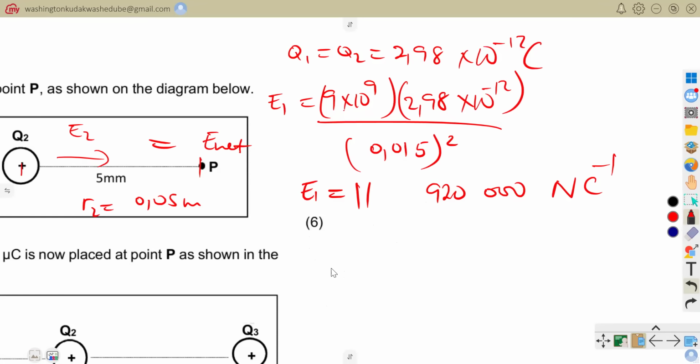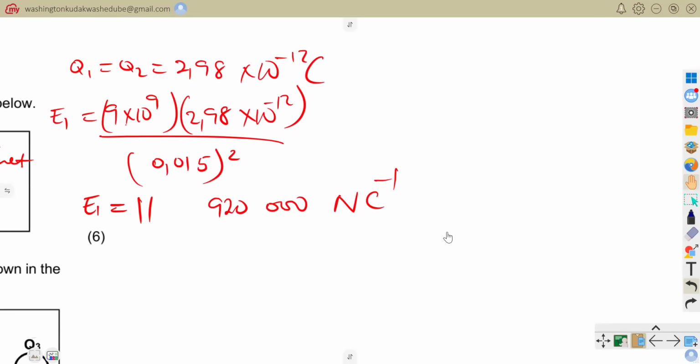And then what becomes my E2? Now I can actually get to say what becomes my E2. Because I've got the same charge, but here R was 0.015 meters.